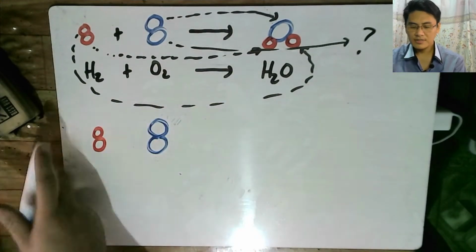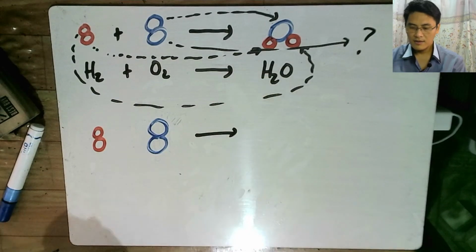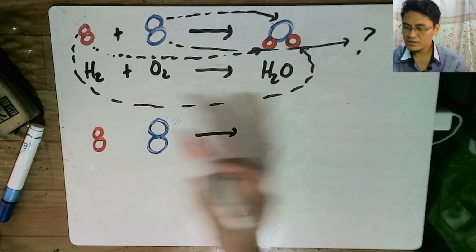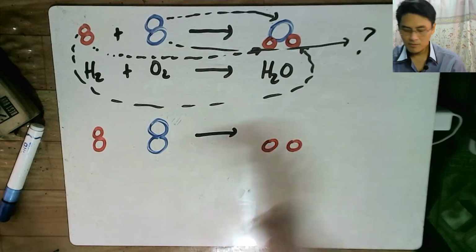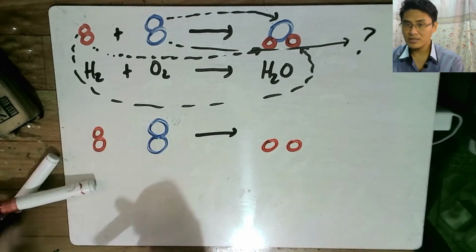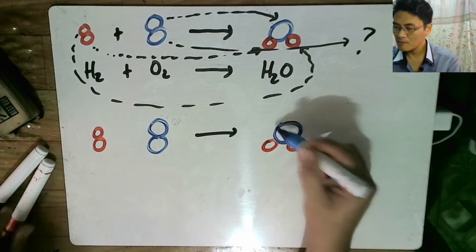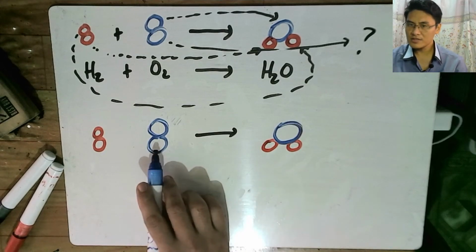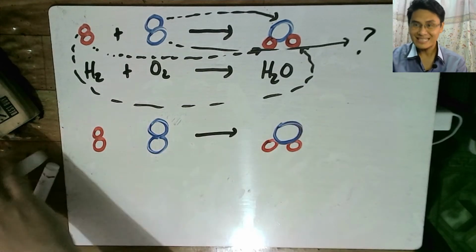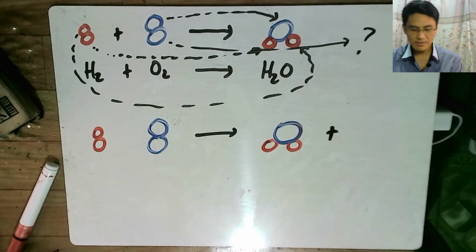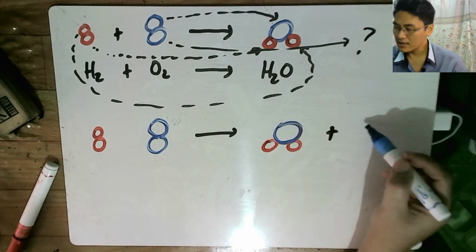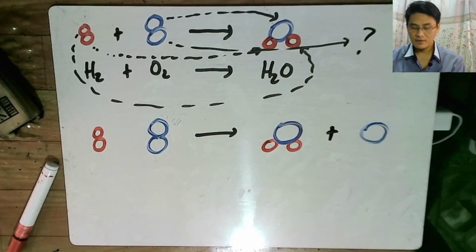And then what happens is they react. And the two hydrogens here bonded with one oxygen atom. And obviously there's a second oxygen. So there should be a second oxygen here, right?